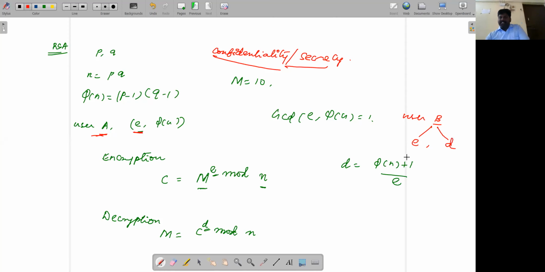One user's public key will be known to all other users in public key cryptography.